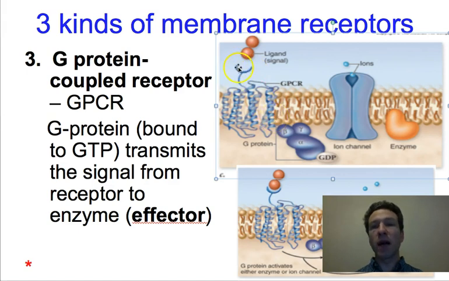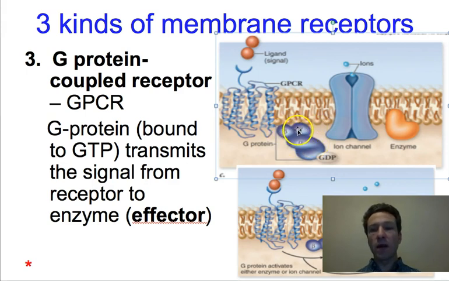Of course, there's still a binding site for the ligand somewhere outside in the extracellular space. Then inside the cytoplasm attached to the GPCR is a collection of 3 different proteins, and these are called alpha, beta, and gamma. When a ligand attaches to a GPCR, then these 3 proteins are released. It turns out that beta and gamma stay attached to each other, so they act as one unit, and alpha detaches and acts as its own unit.